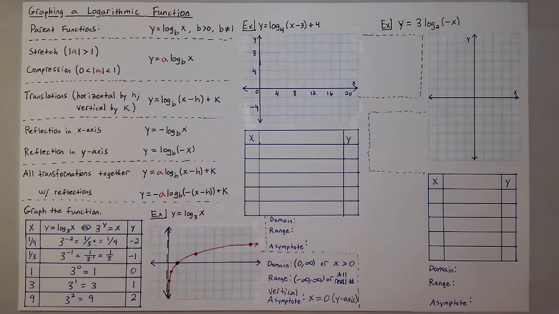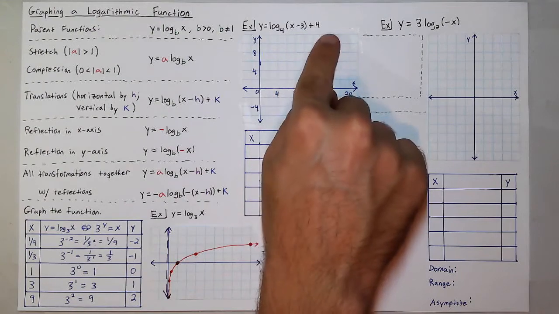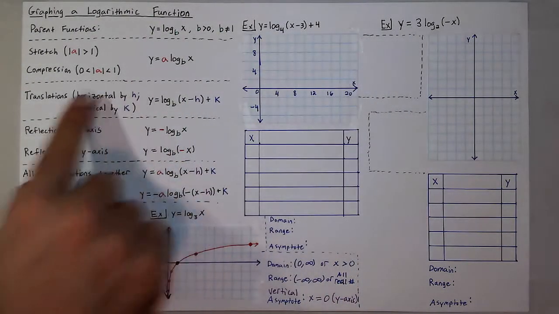So now let's talk about graphing a logarithmic function when it has these transformations. So we'll see here we have log base 4 of x minus 3, plus 4. Now since I'm subtracting directly from x, that's going to correspond to a horizontal translation.